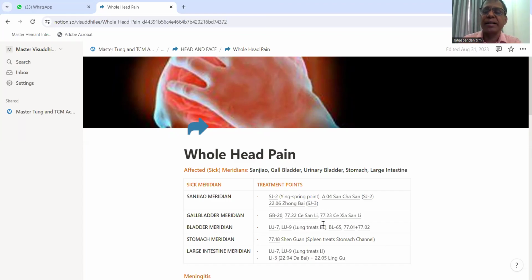And if the gallbladder meridian is affected, GB20, 77.22, and 77.23. If the bladder meridian is affected, LU7, LU9, and Bladder 65, 77.01 and 77.02.